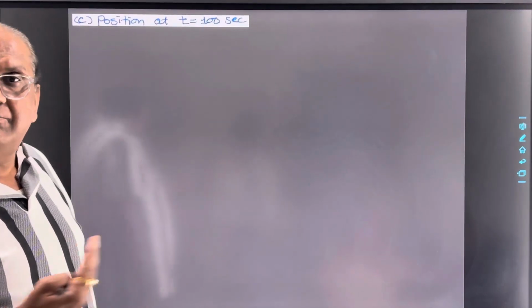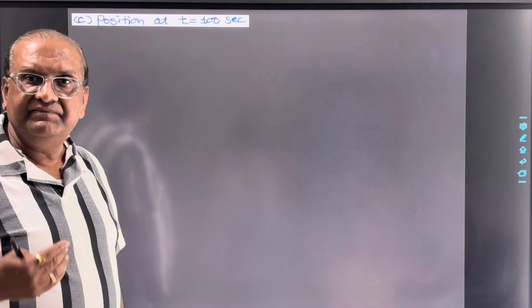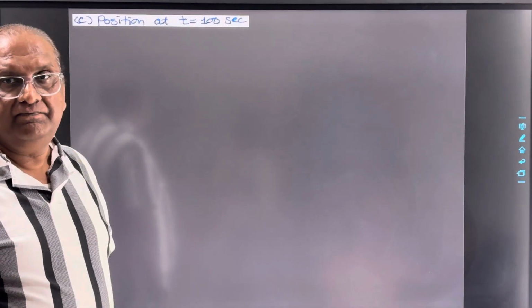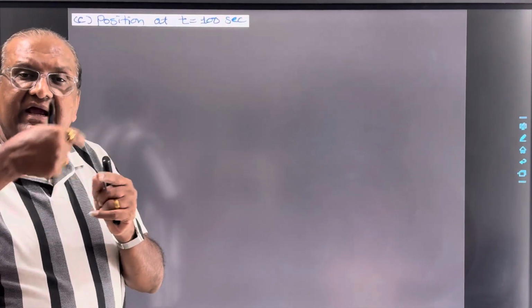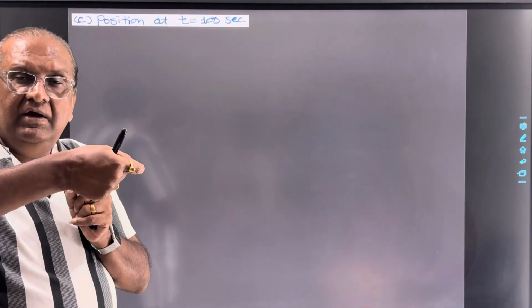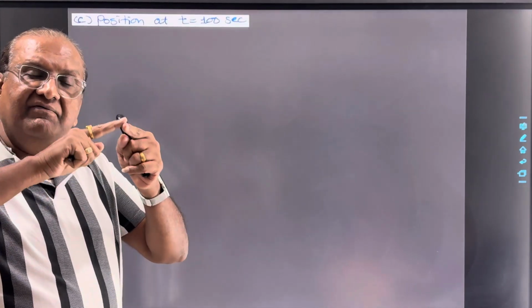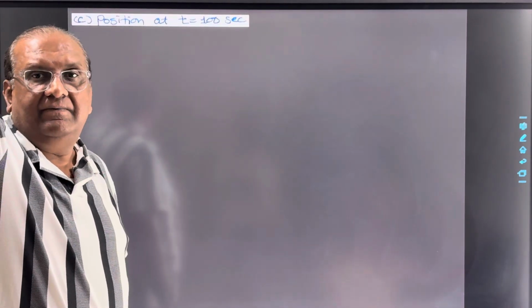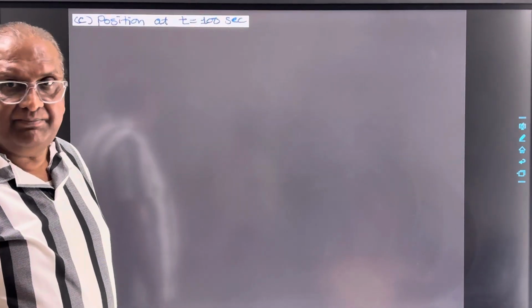So first we have to find the position in the first 30 second. Then after the force is removed, then after the force is not applied, it implies that at 30 second, whatever the velocity is attained by the object, with that constant velocity it will continue the motion for the next 70 seconds, right? So that will be calculated separately.